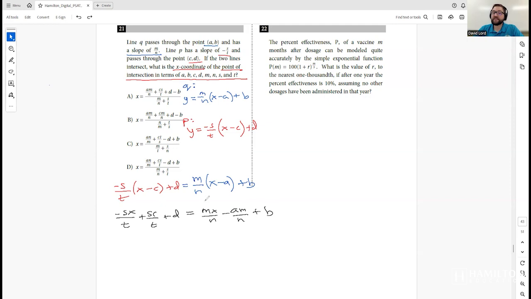All right, so we're going to put the x's on the same side and everything else on the other side. Because that x is negative, I want to move it over here, and I'm going to take everything else and move it over to the other side.